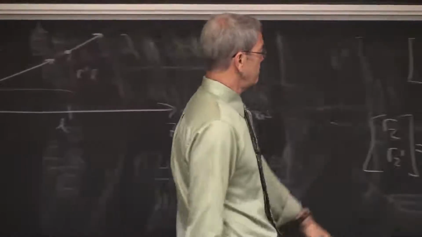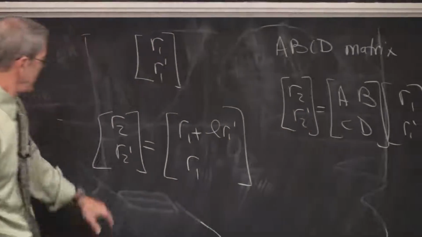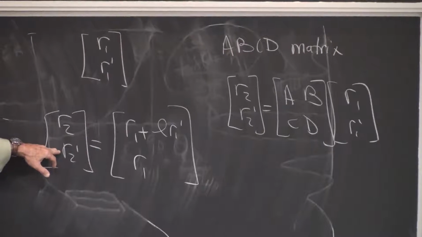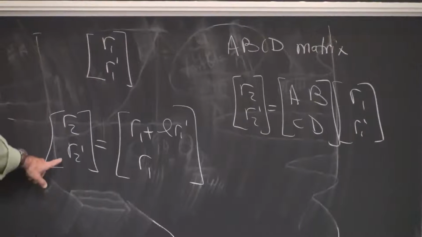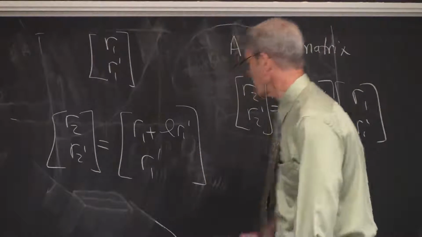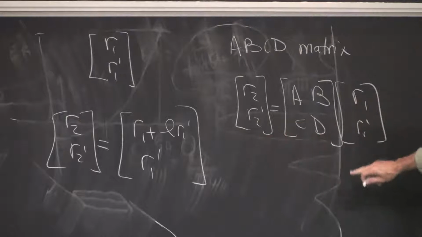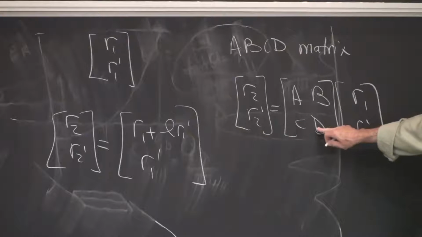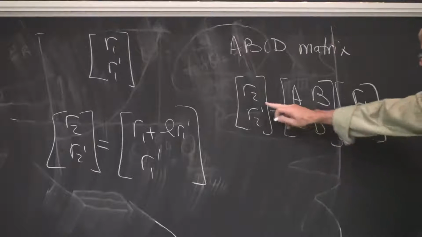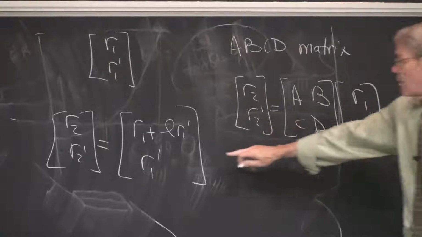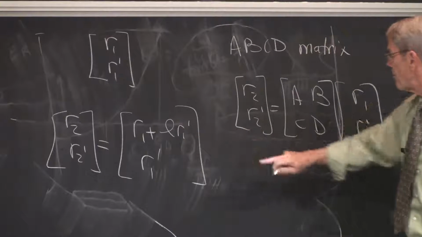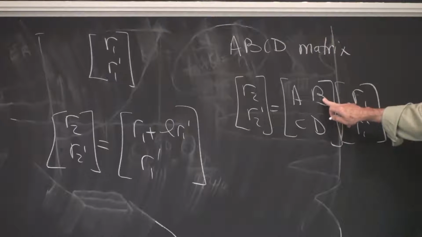So let's look at this and see if we can figure this out. This is a very trivial example. But you can see right away that R2 prime equals R1 prime, so D must equal 1, C must equal 0. And then R2 equals R1, so A equals 1, plus L, R1 prime, so B must equal L.